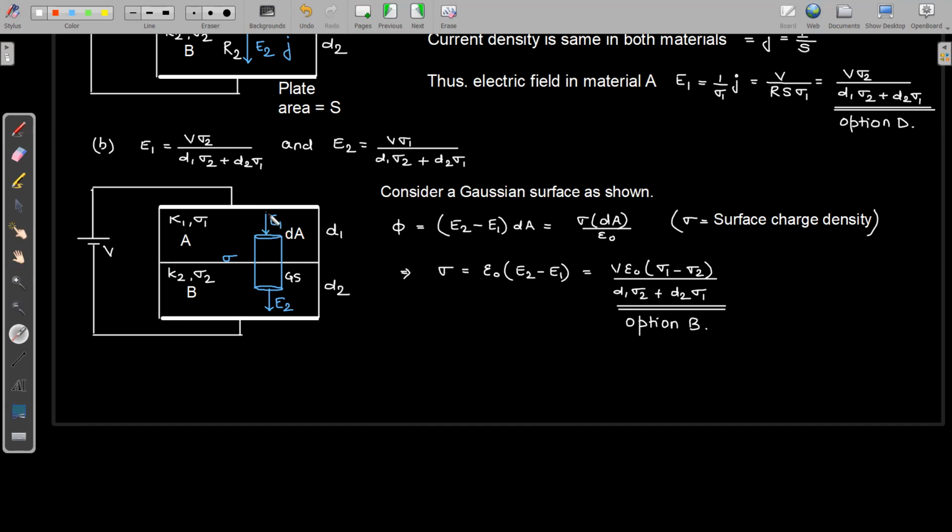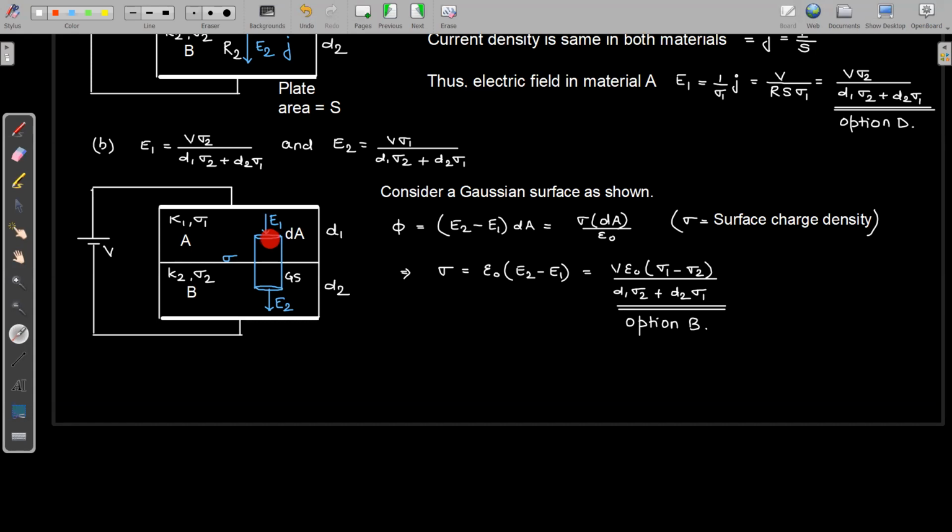The electric field entering this Gaussian surface is E1 through this flat face, and leaving this Gaussian surface is E2 through this flat face. And no electric field lines are entering through the curved surface, as electric field lines are parallel to the curved surface of the cylinder. So the flux will only be because of E1 and E2, entering and exiting through the flat surfaces of the cylinder.